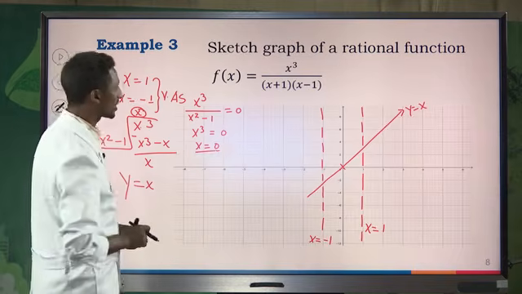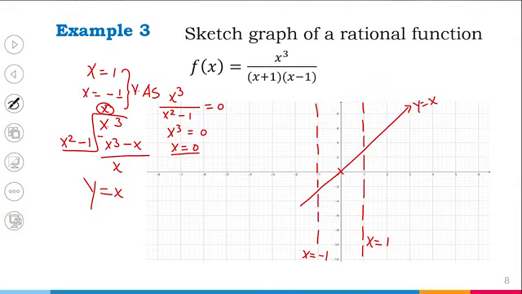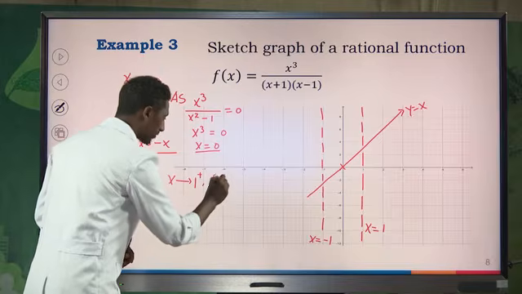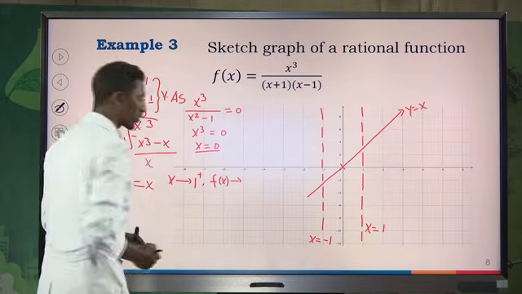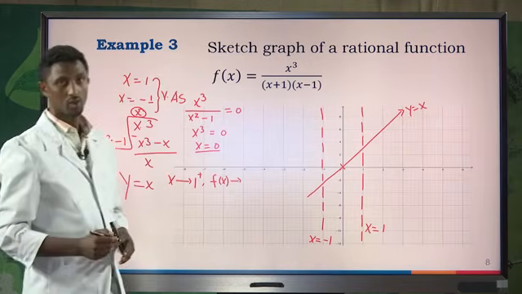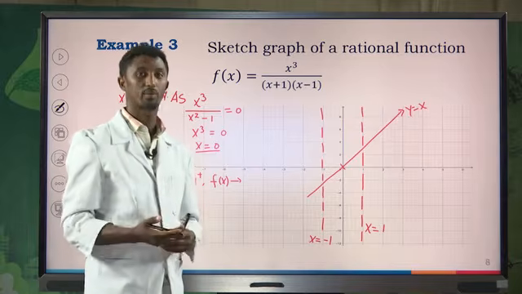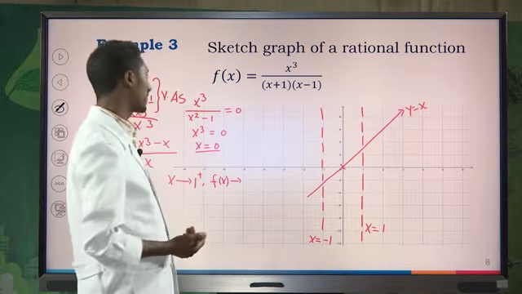Then, to draw a graph of this function, as x gets closer to 1 from the right, what will be the functional value of f of x? Is f of x closer to positive infinity or negative infinity?